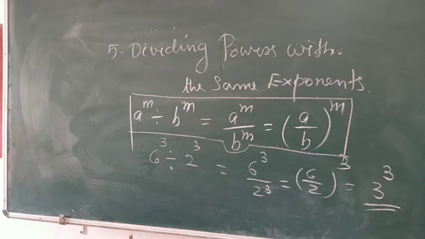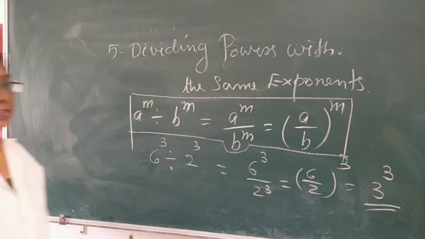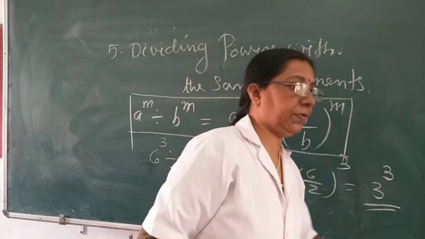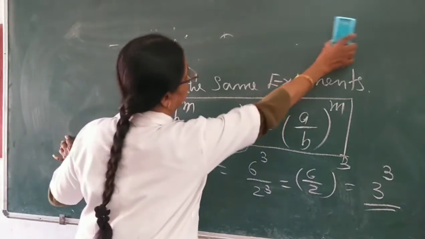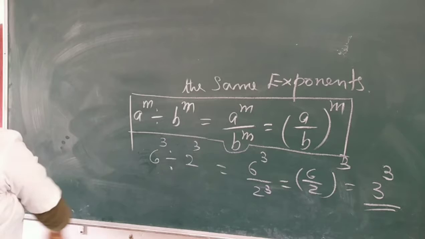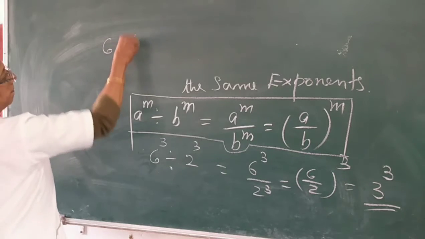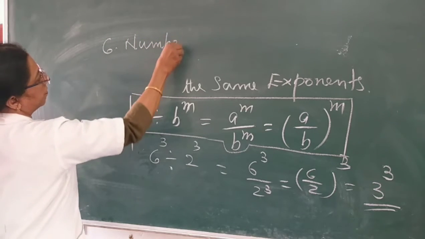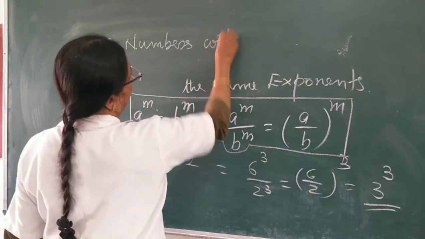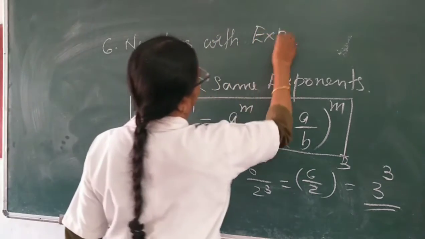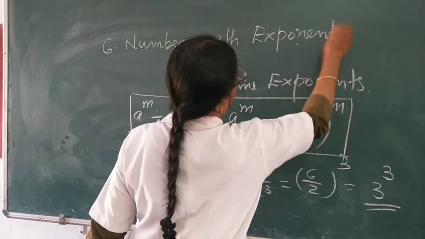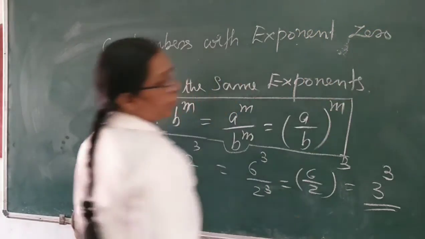Next, numbers with the exponent 0. Numbers with the exponent 0. What happens when the exponent 0 comes?